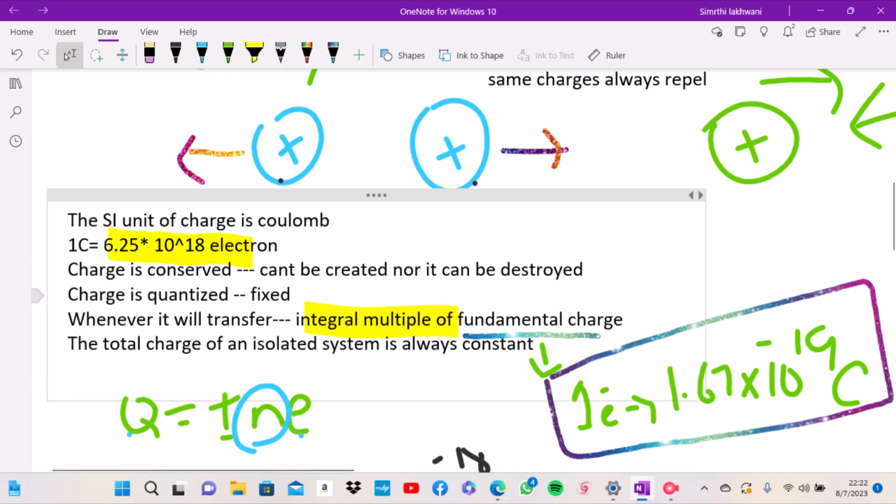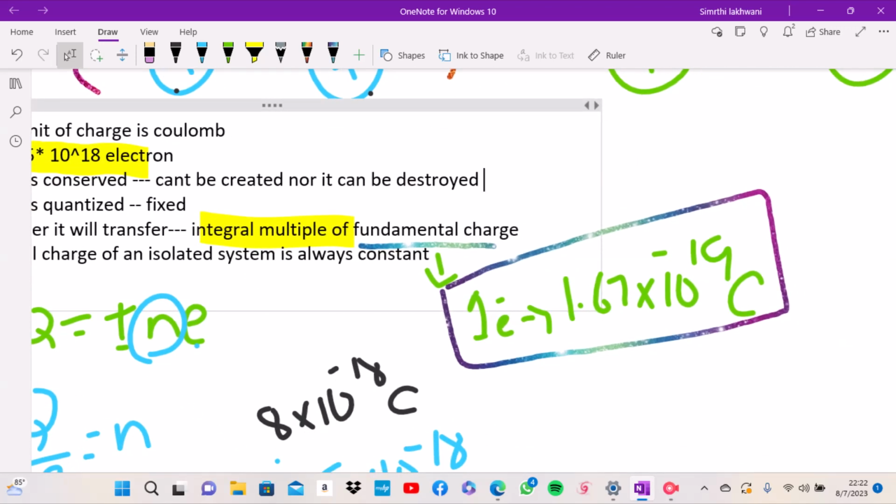Now charge is basically quantized, it is fixed. If it transfers, it will transfer in integral multiples of the fundamental charge. Now what is this?